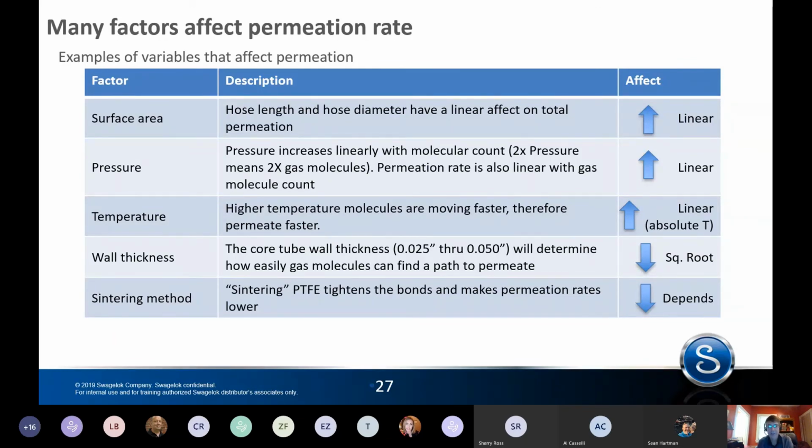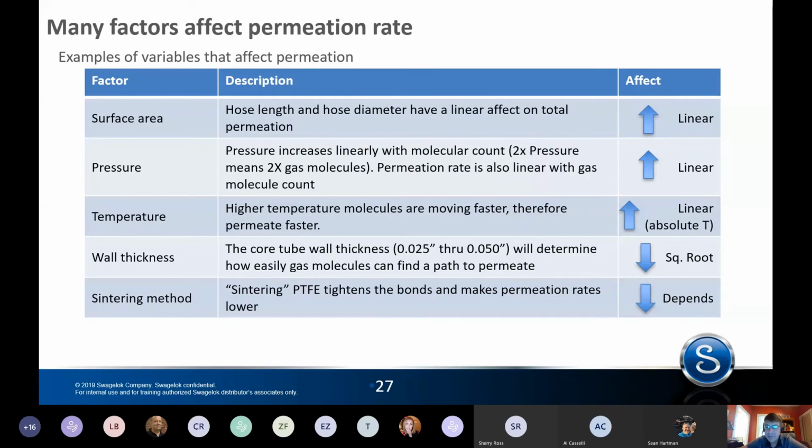Temperature also, as temperature goes up, molecules move faster, they permeate faster. But this is relative to absolute temperature. In Celsius anyways, 0 degrees Celsius is 273 degrees Kelvin. That's the absolute temperature. So moving up in temperature probably has a lower effect, just because on the absolute scale it's not as big.